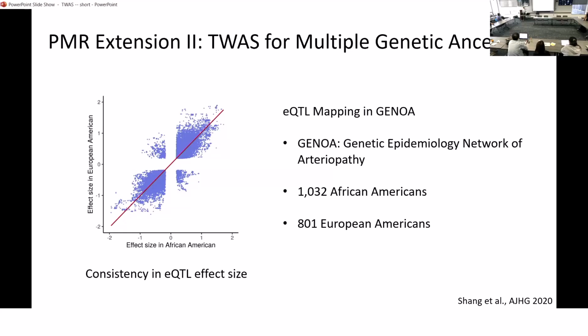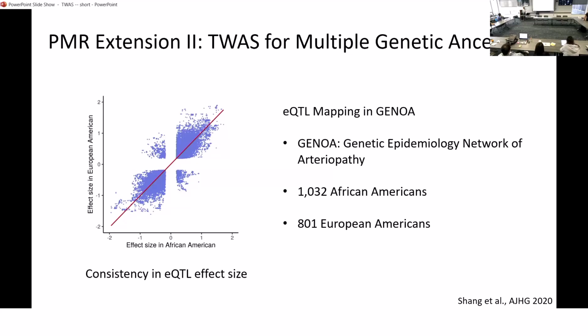And we measure the SNPs, we measure their gene expression, and we identify SNPs that influence gene expression, the eQTL. For those eQTLs, we try to see the similarity of their effect size in African Americans versus European Americans. So each dot represents one eQTL, the x-axis shows their effect size in African Americans, and the y-axis shows the effect size in European Americans.